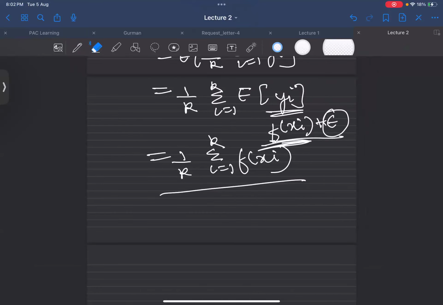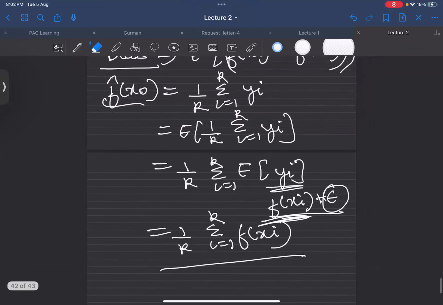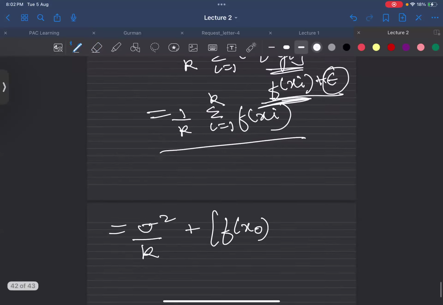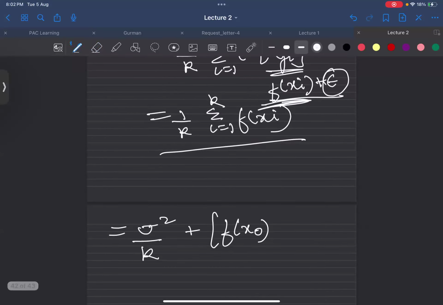Pratibha, I'll come to your question. Don't forget. Now just substituting these values again in the variance part and this bias part. f of x naught was the actual target, and then the expectation of this one square.